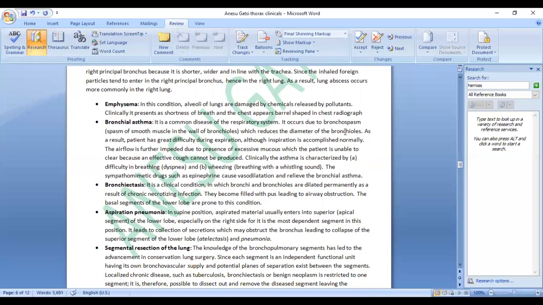Remember that on the right side, the apical segments of the lower lobes will be the most dependent segments when you're in the supine position. So it may lead to atelectasis, that is collapse of your alveoli in these regions.